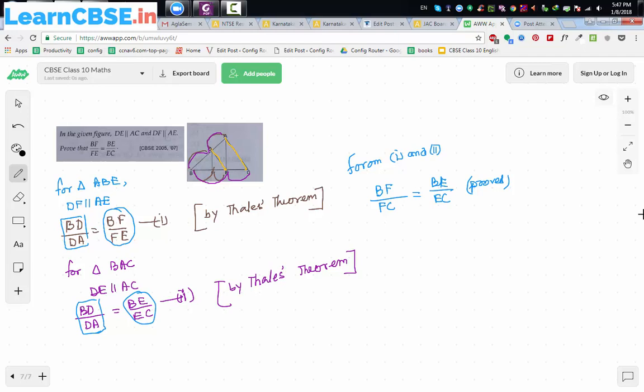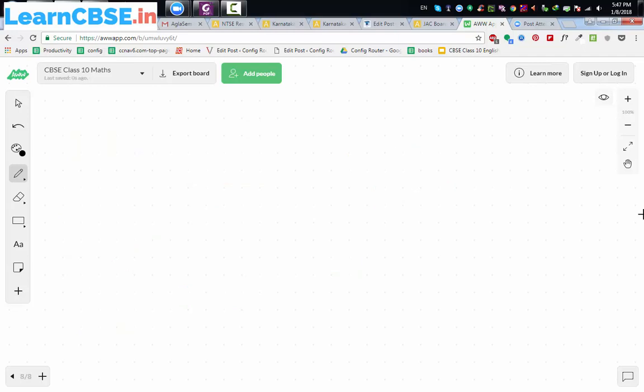So let's do one more question exactly similar, which is also based on a CBSE previous year question. For example, this question.